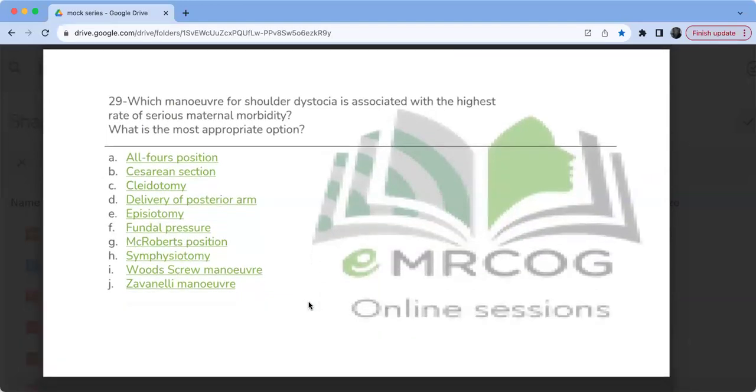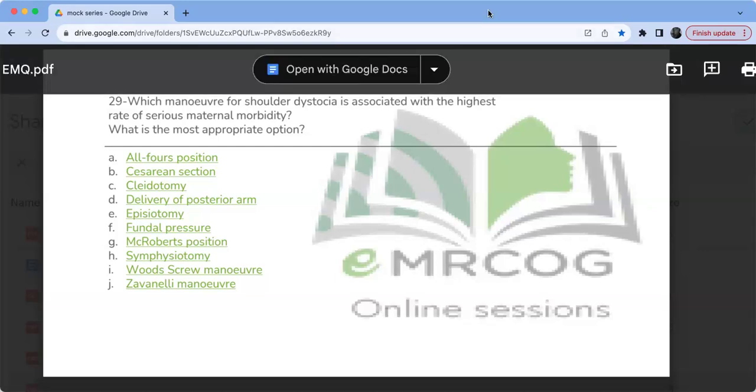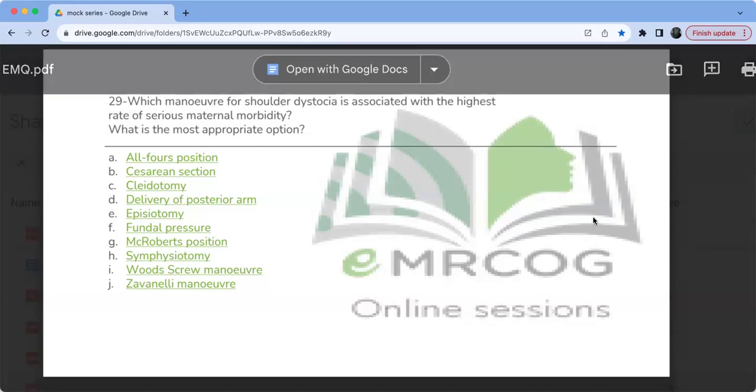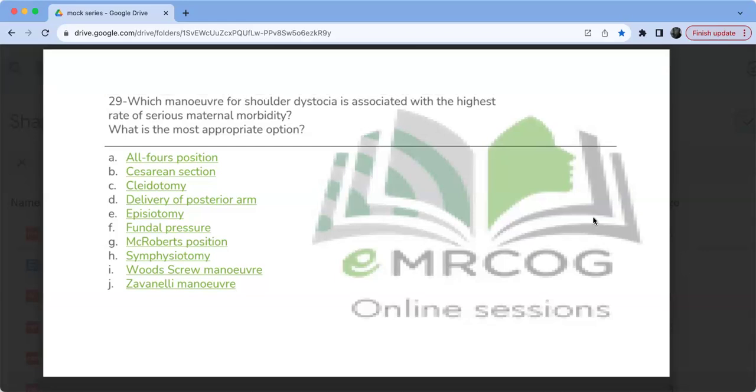Which maneuver for shoulder dystocia? No, start low molecular weight heparin first, my dear. This algorithm should now be drawn everywhere, okay? You can draw it everywhere. You have to recall this algorithm, Dr. Abir, for the exam.